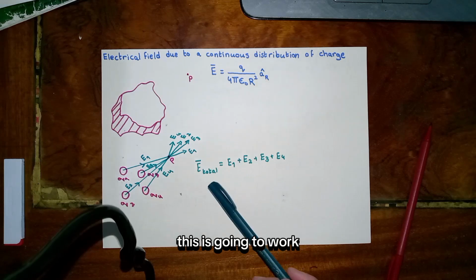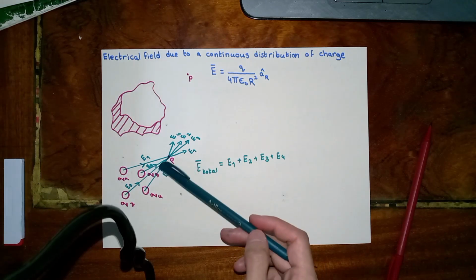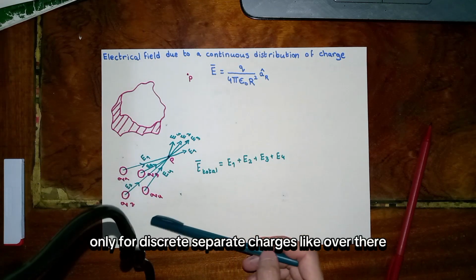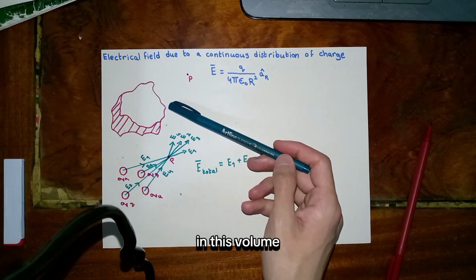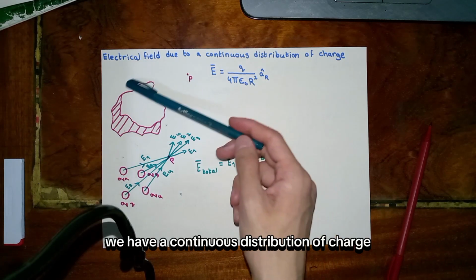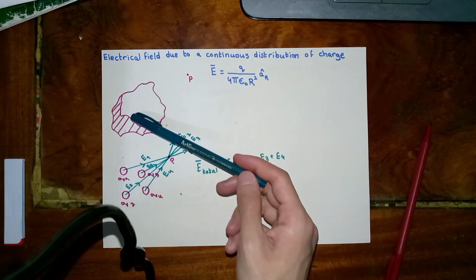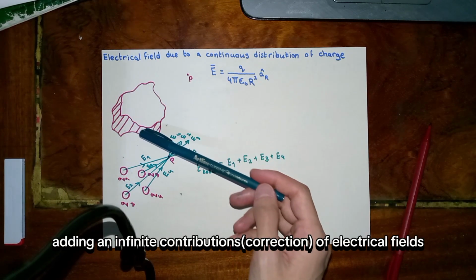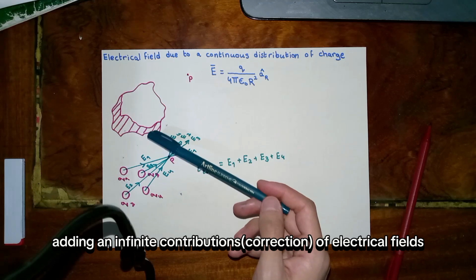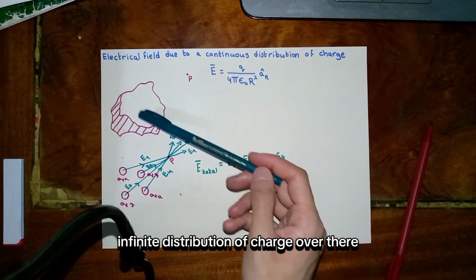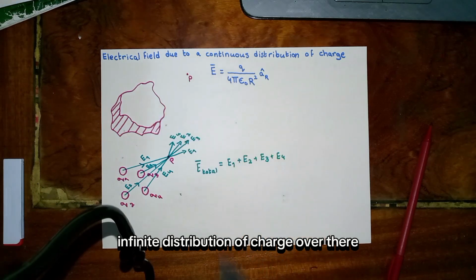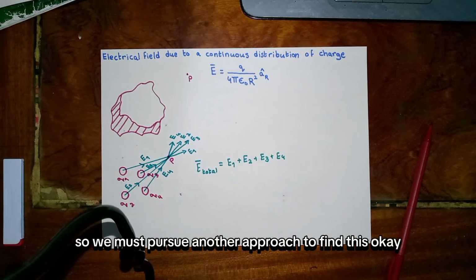Okay, this is going to work only for discrete separate charges, but in our case, in this volume, we have a continuous distribution of charge, which would end up with adding an infinite number of electrical fields due to this infinite distribution of charge. So we must pursue another approach to find this.